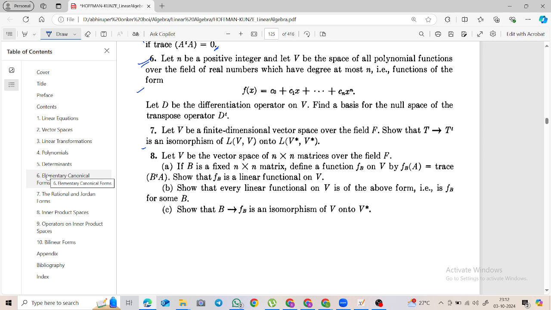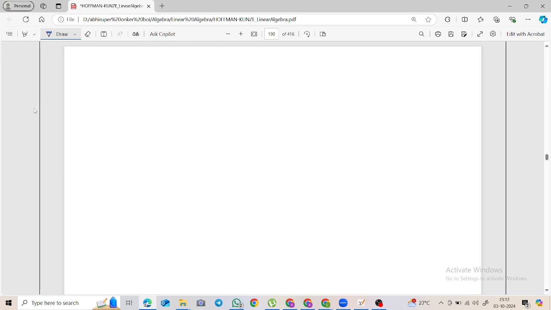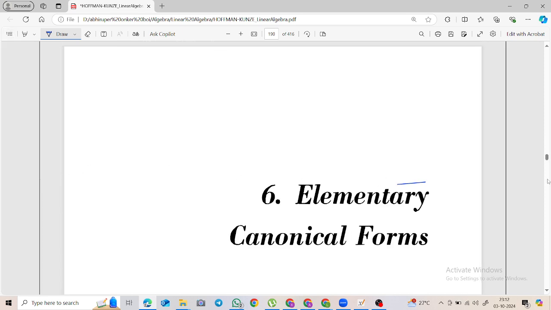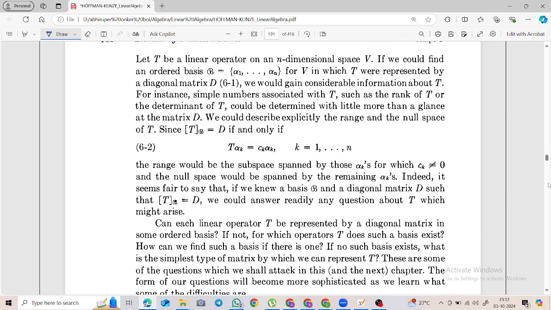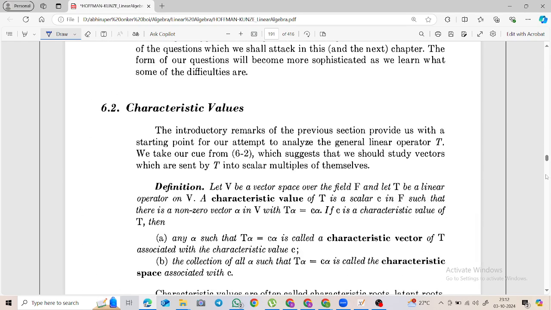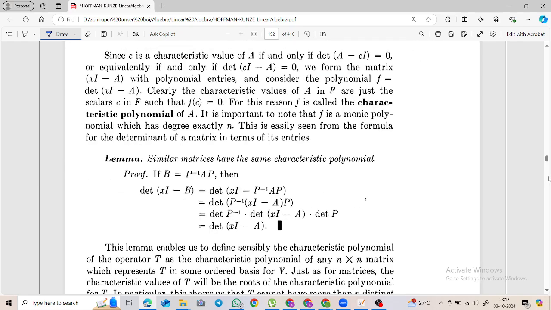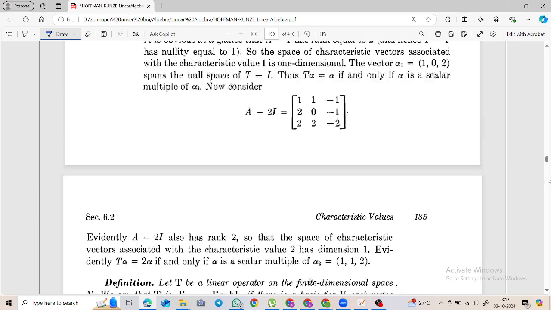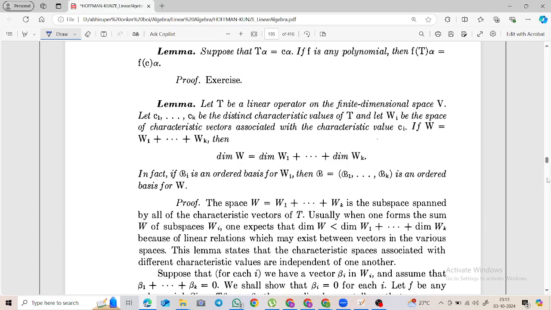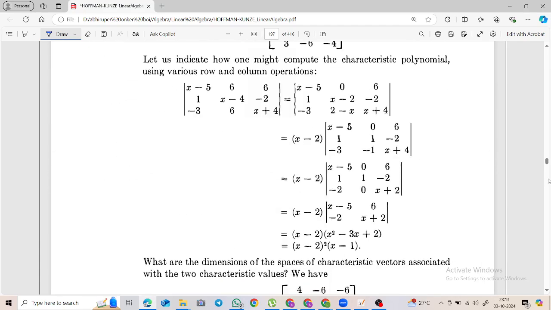First, see, I am showing you this. So this is chapter 6. There are characteristic values, 6.2, and 6.3, what is 6.3 by the way?